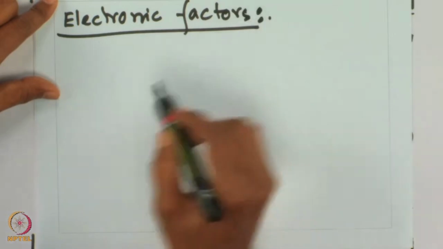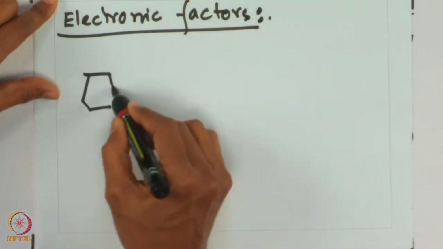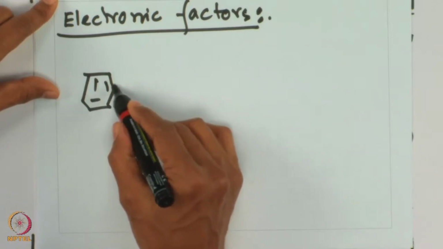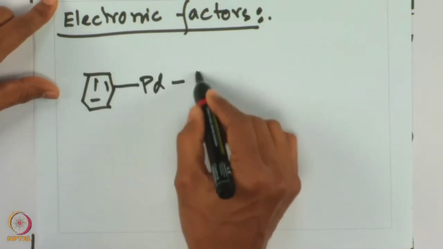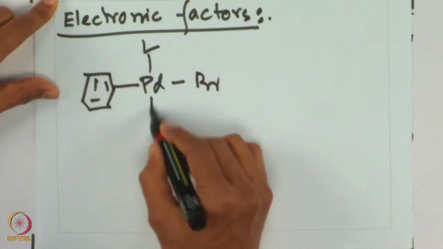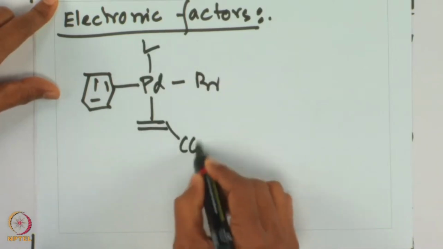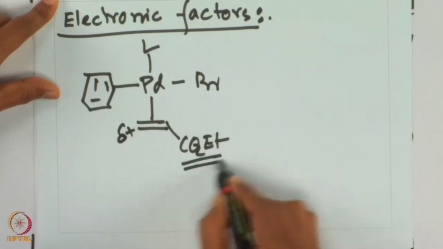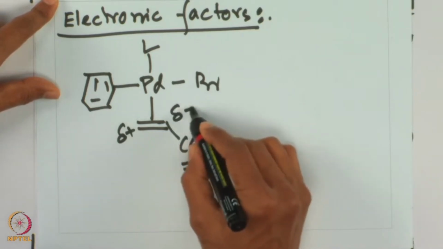deficient site, right. So, let us draw the oxidative addition olefin coordinated intermediate. After oxidative addition we get the olefin coordination, and if we draw that intermediate, this is the intermediate, right. Now, this is delta plus because this is electron withdrawing, and this is relatively delta minus.